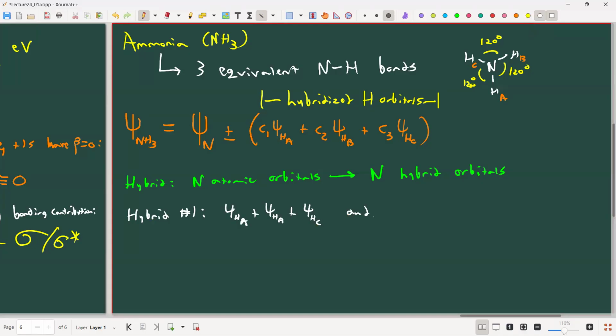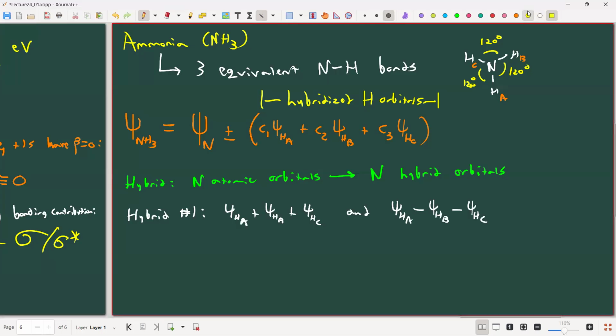And then we have the anti-bonding combination, which is psi HA minus psi HB minus psi HC. All right, what do those look like? Well, I could just draw them like little circles. I have one that looks like this.